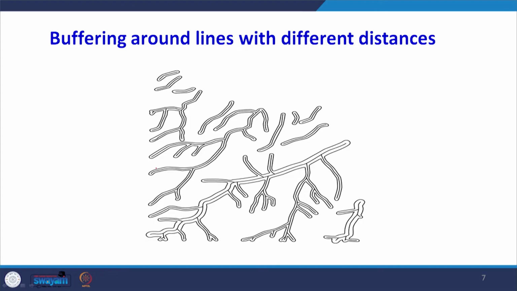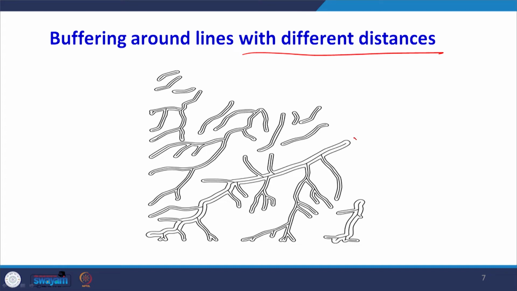You can see here that this is an example of the buffer around the line feature. We have a drainage network here and various drainages, and the buffers have been created with different distances. That means, in the entire map the buffering is not uniform.